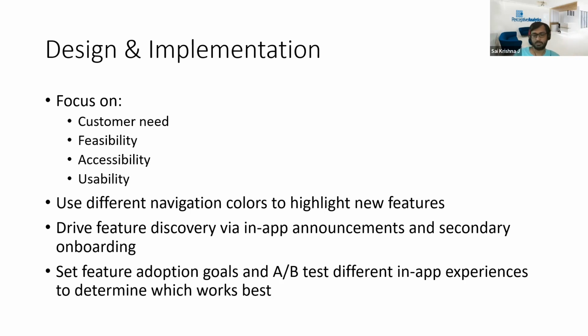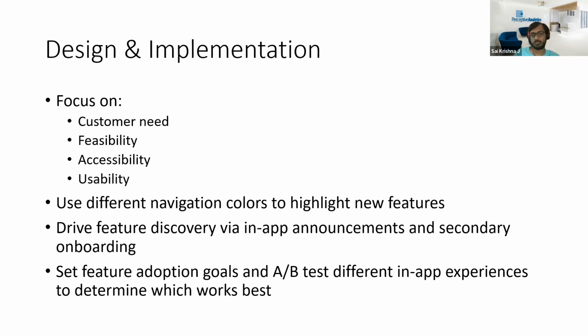Customer need is basically, if you're planning to introduce a new feature, will this feature actually be useful to the customers? Do customers normally expect this in an app, or is it something that will be of no relevance to the customer? So first you have to evaluate the need for the new feature that you're trying to launch.